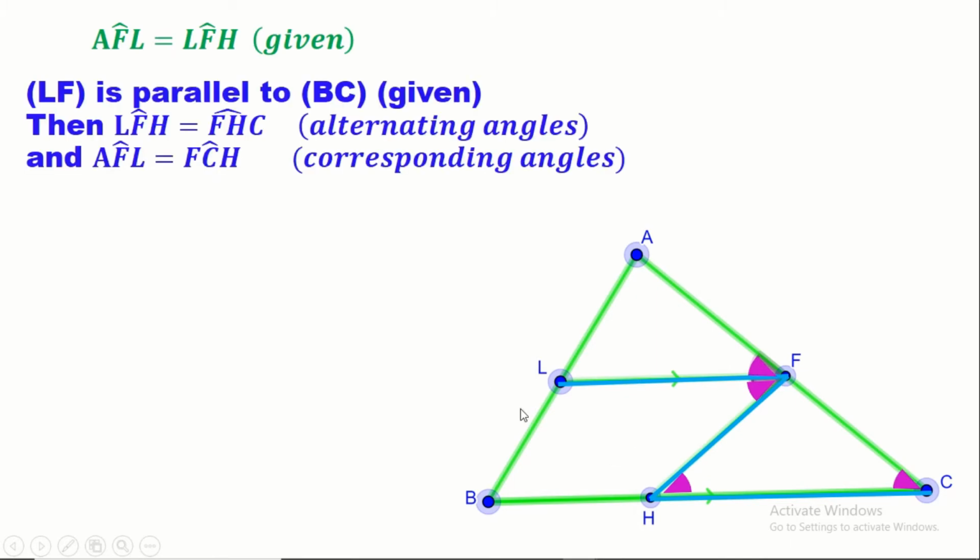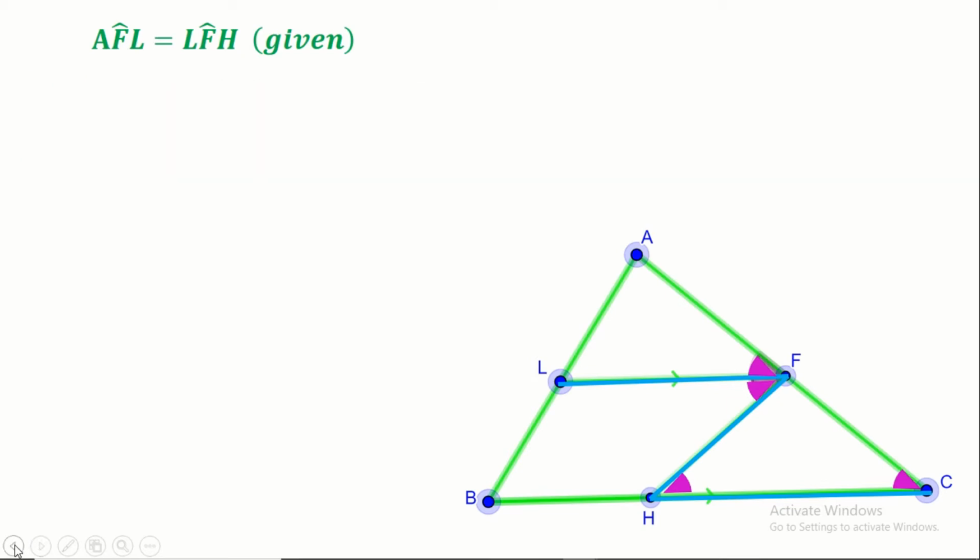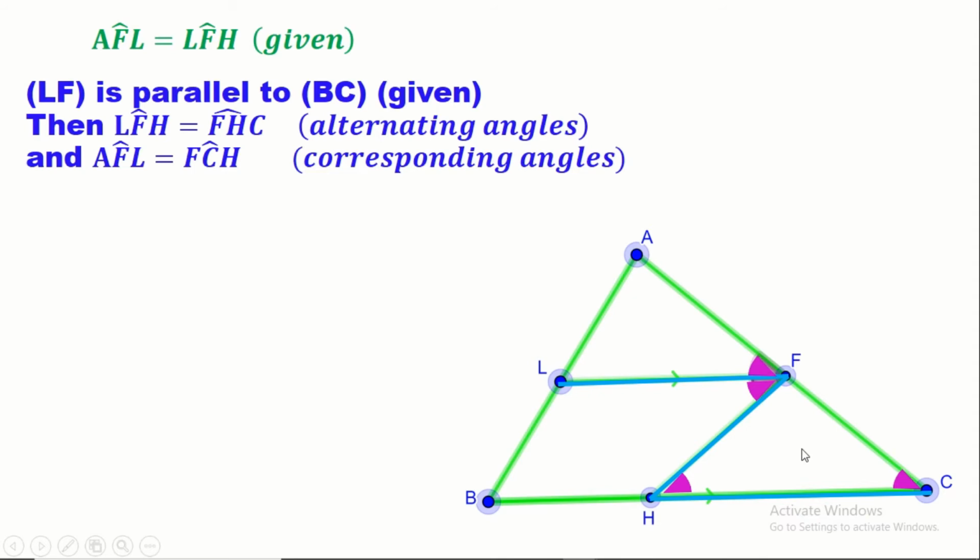Something else, we can also have corresponding angles. Since we have parallel lines, the angles FL and FCH are equal to each other as corresponding angles. They are exactly facing each other. Now we just write that.